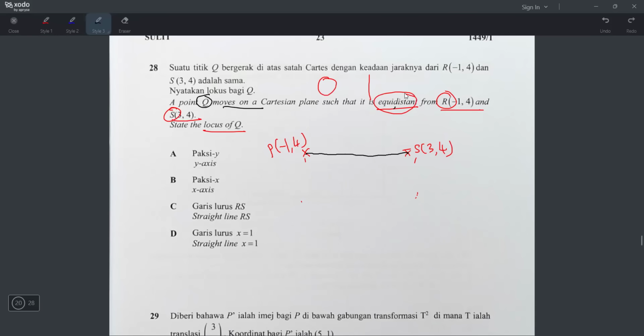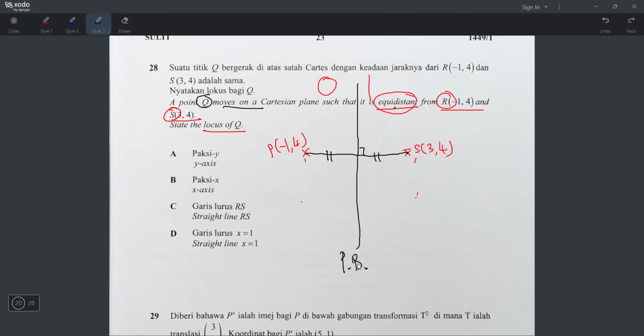And the locus Q, they want it to always be equidistant from PS. That means you just draw a line that cuts this line in half, and it has to be 90 degrees, like this. And the distance here and the distance here has to be the same. So this is the line, and we call it the perpendicular bisector. In Bahasa Melayu, pembahagi dua sama serenjang.